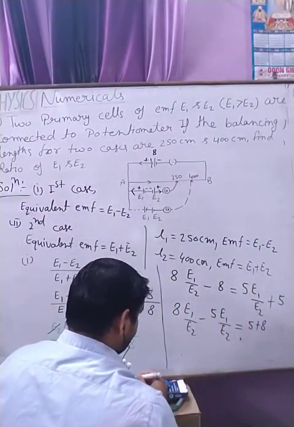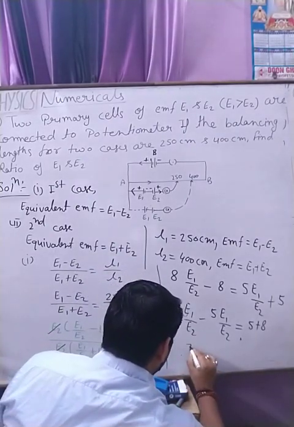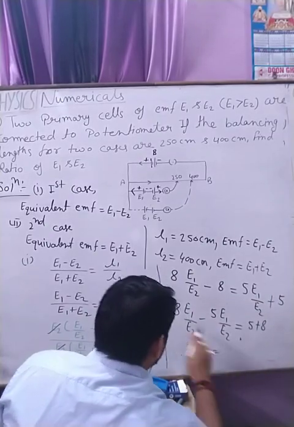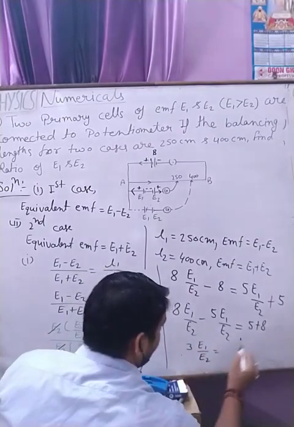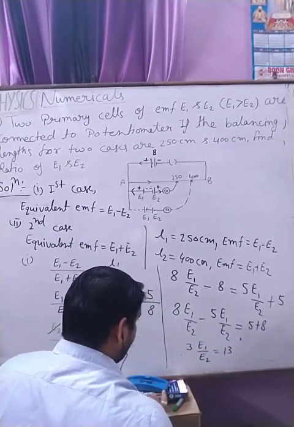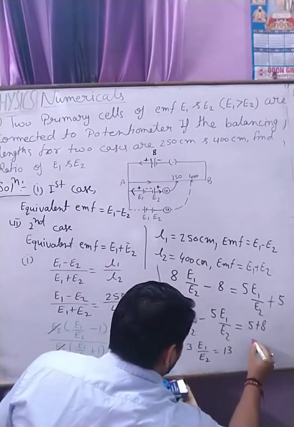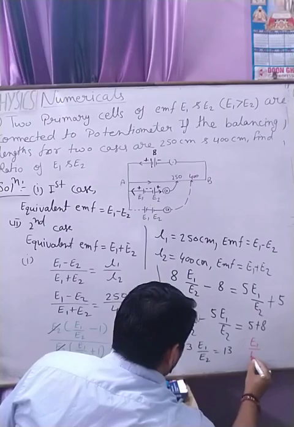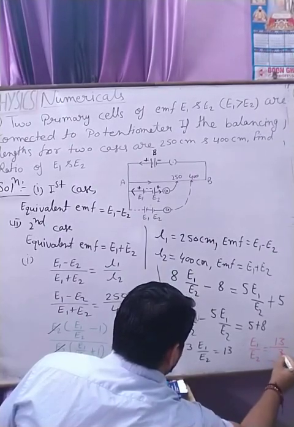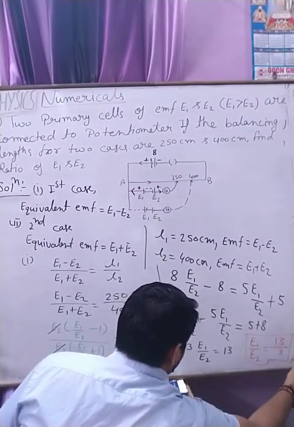Therefore we get 3 E1 upon E2, 8 minus 5 is 3, equal to 13. Therefore E1 upon E2 is equal to 13 by 3. This is the required ratio.